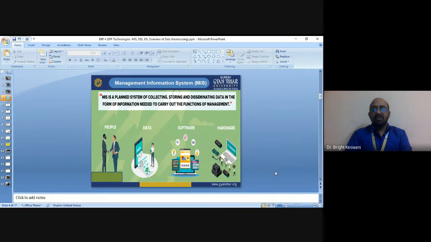In another way, the MIS is defined as a system based on the database of the organization, evolved for the purpose of providing information to the people in the organization.